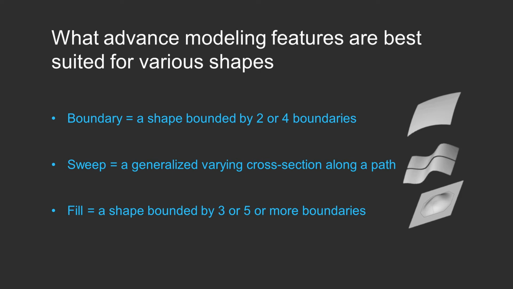There are advanced shapes where the requirement calls for something other than a rectilinear patch. It might be 5-sided, it might be hexagonal, it might be a triangle. And so that's why I describe fill as a shape that is really suited for 3 or 5 or more boundaries.